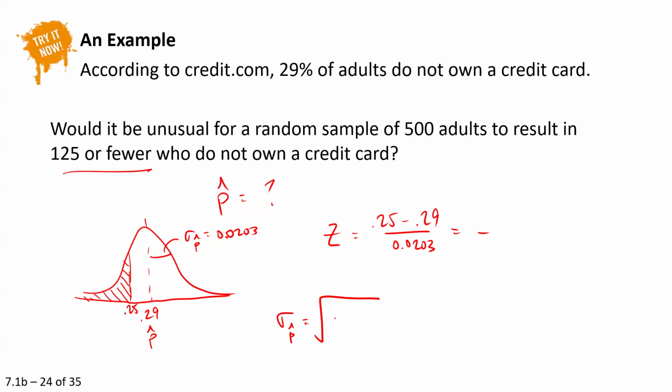So it's P times 1 minus P, all over N, right? So whatever that is. Did I get that right?